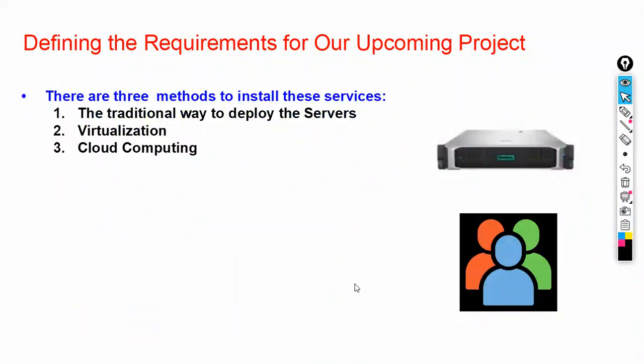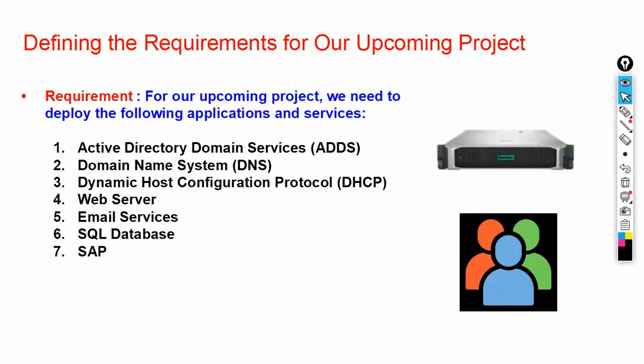Now, guys, let us say, we understood, we have got the idea how to set up a network. Now, let us say we are working on a project. We are having one project. For our upcoming project, we need to deploy the following applications and services.